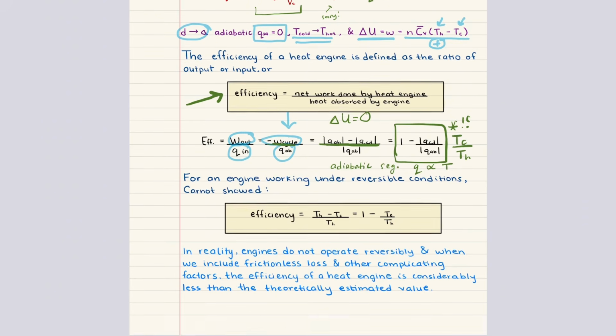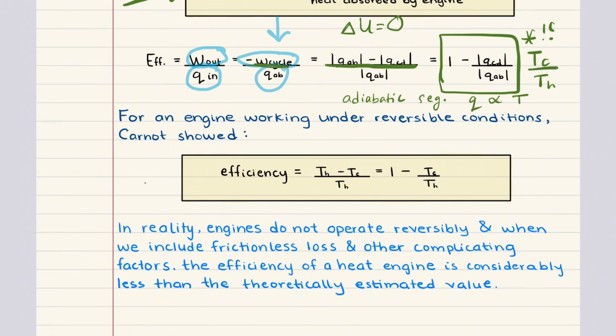Plugging that back into our efficiency expression gives the result that efficiency equals 1 minus the cold reservoir temperature divided by the hot reservoir temperature. And this result depends only on the two reservoir temperatures and on nothing else.